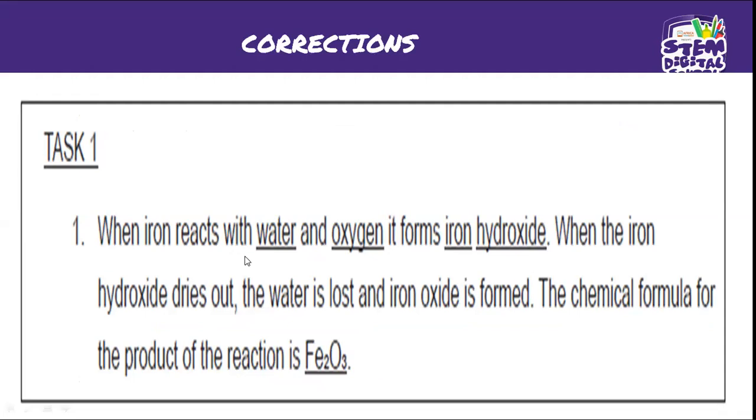So when iron reacts with water and oxygen, you should have gotten this. I saw some of you said iron oxide, but it forms iron hydroxide. And when the iron hydroxide dries out, the water is lost and iron oxide is formed. So this iron oxide is another point.